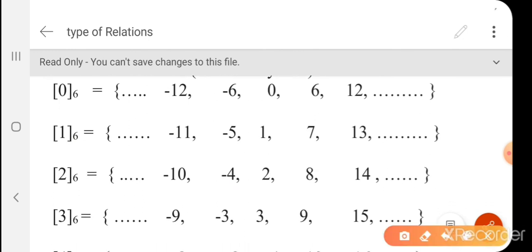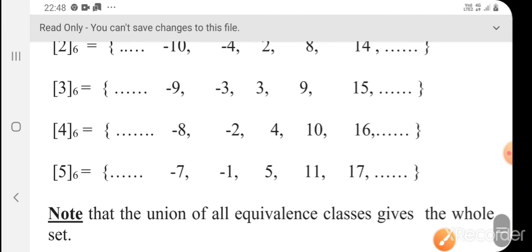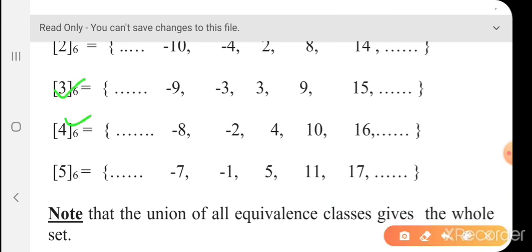Likewise, take any two of them, no element is common.